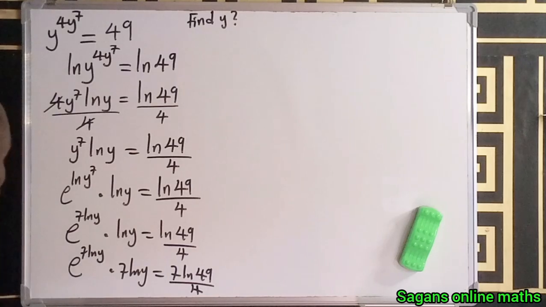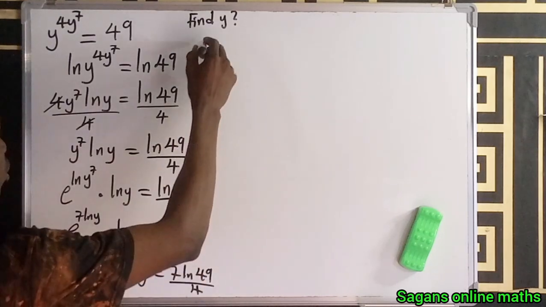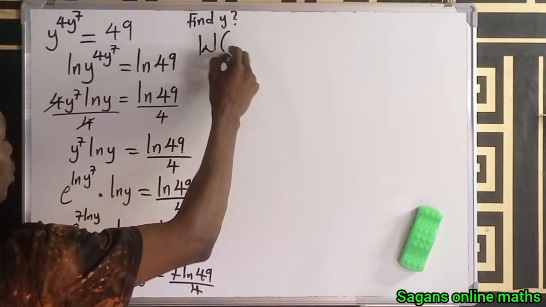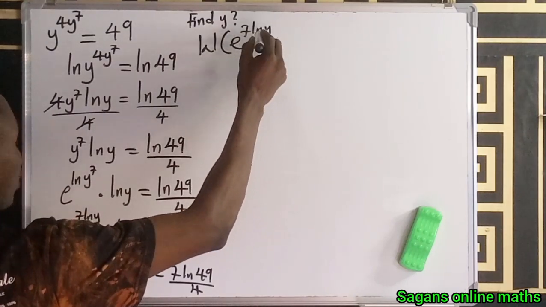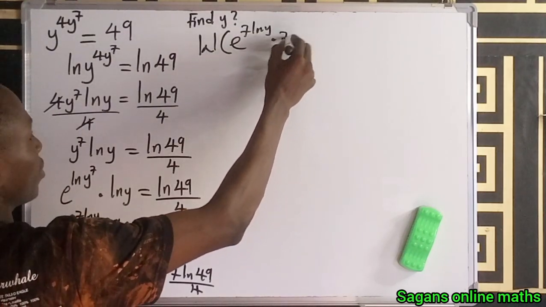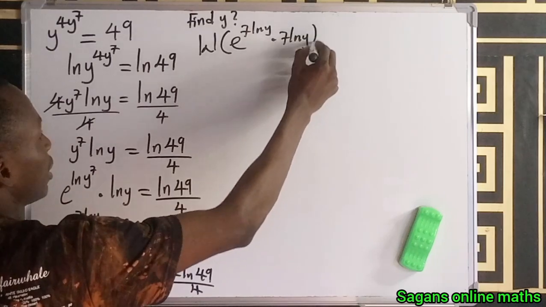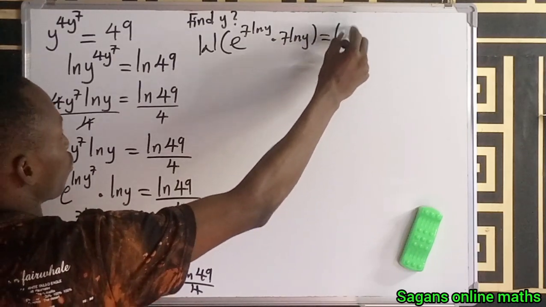All right, at this point we are comfortable to take the Lambert W function of both sides. So that means the Lambert W function of e to the power of 7 ln y multiplied by 7 ln y is equal to the Lambert W function of what?